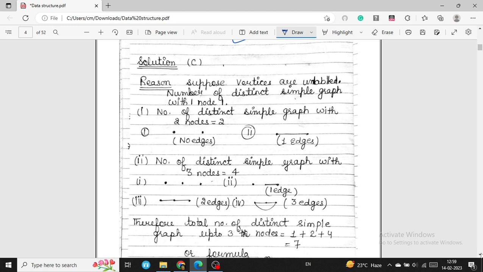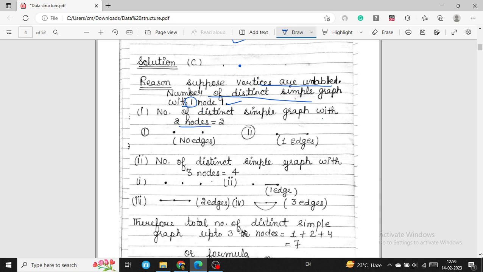First of all, suppose vertices are unlabeled. All vertices are unlabeled. The number of distinct simple graphs with one node: only one node is given. With one node, can you draw any graph? No. You can draw only one graph with one node.